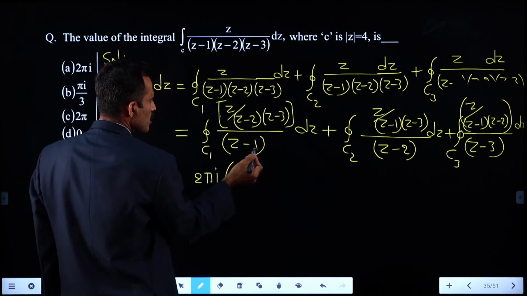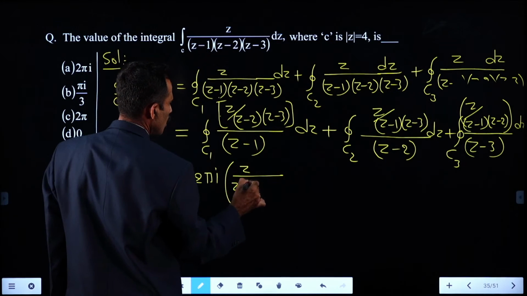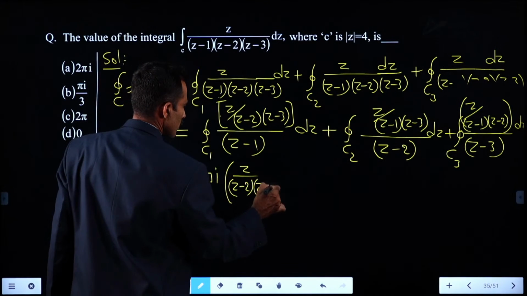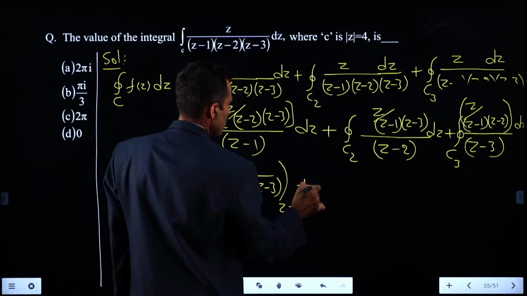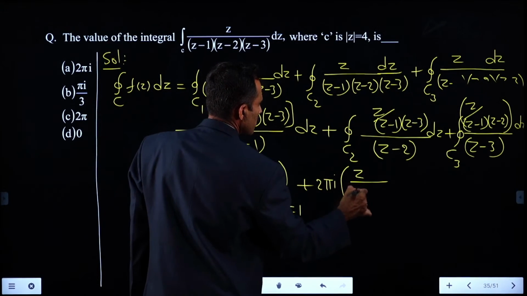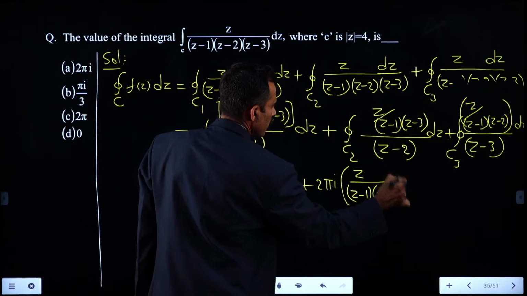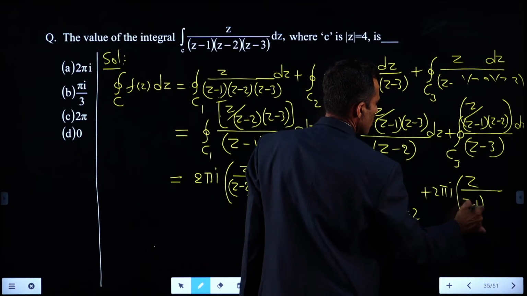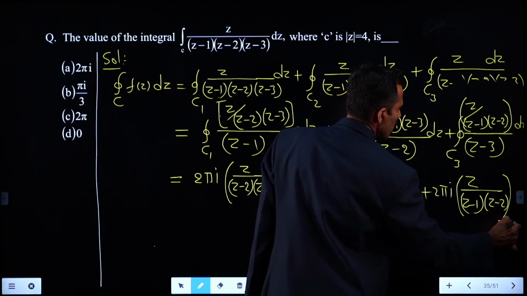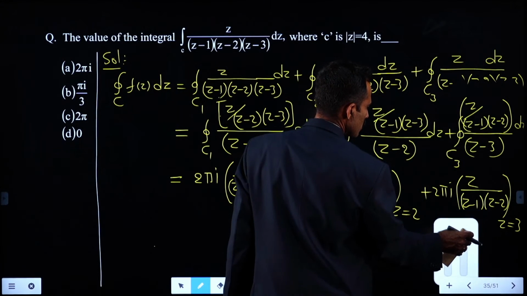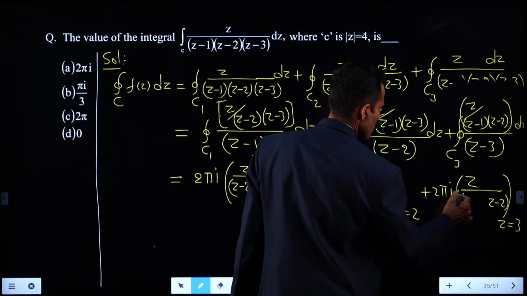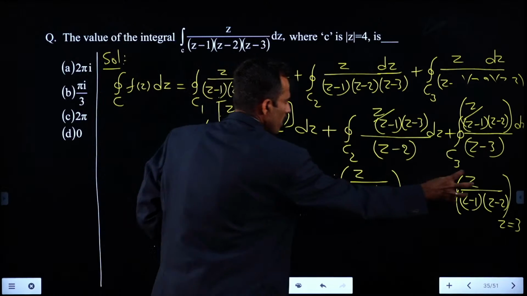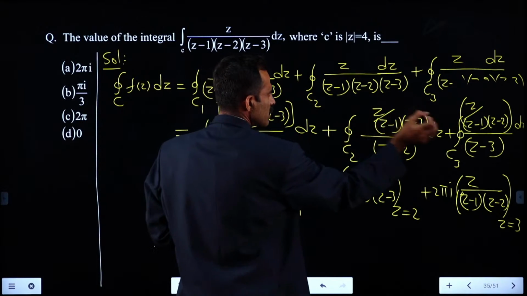In this numerator function, substitute z equal to 1: z by (z minus 2)(z minus 3), plus 2 pi i into z by (z minus 1)(z minus 3) at z equal to 2, plus 2 pi i into z by (z minus 1)(z minus 2) at z equal to 3. In each integral, phi of z is the respective numerator function.